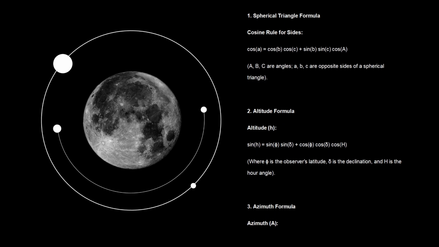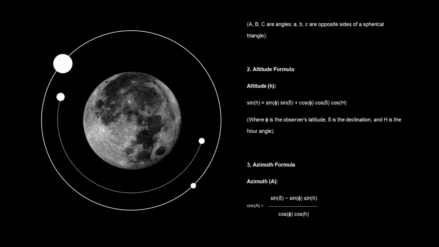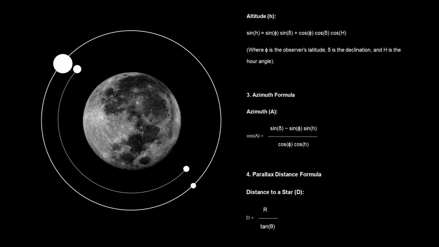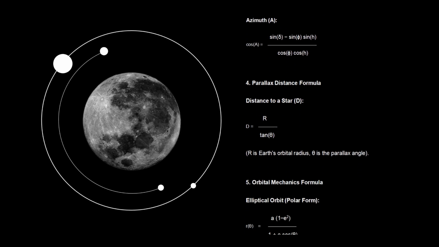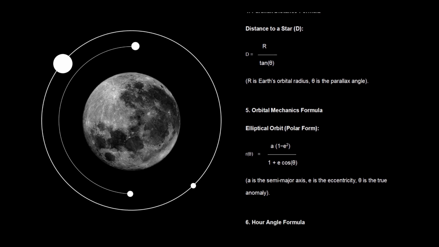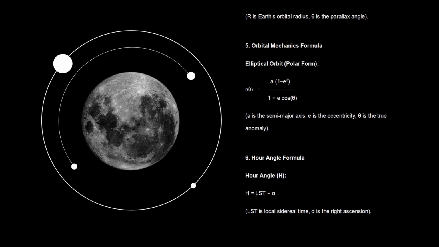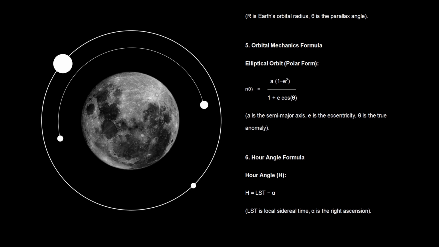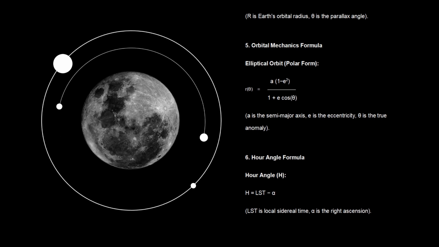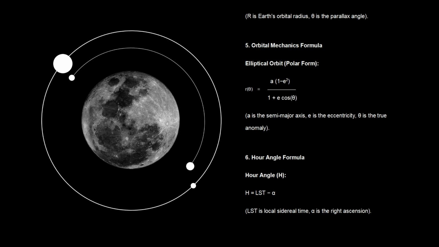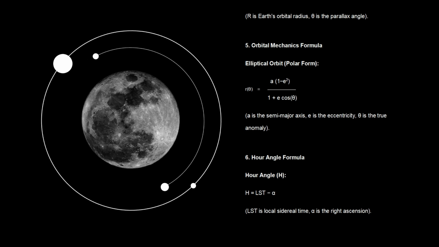Using formulas like the cosine law, we determine angular heights, while the parallax distance formula allows us to measure the distance to nearby stars. Additionally, the orbital mechanics formula describes the elliptical orbits of planets. These equations highlight how trigonometry helps us explore and understand the universe's vast structure.